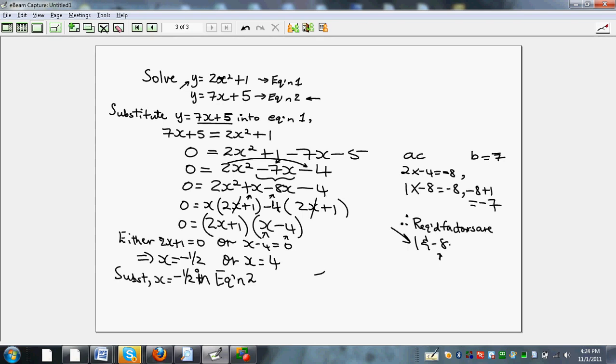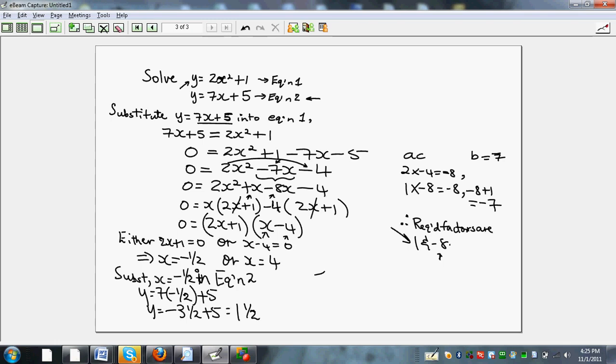If I take x equal to minus a half and put it in equation 2, I'll get y is equal to 7 multiplied by minus a half, plus 5. What that will give me, y will be equal to 7 by minus a half is minus 3 and a half, plus 5, and that will give me 1 and a half.